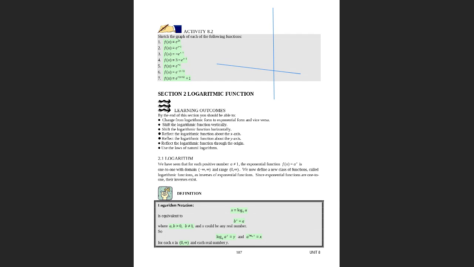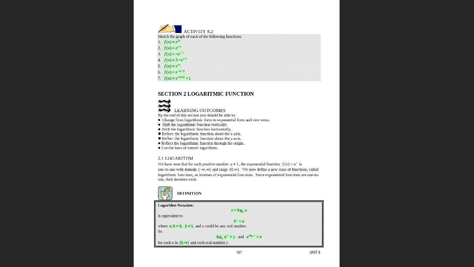So now, if we look at this graph, this time we are having e to the y. So let me draw this again.